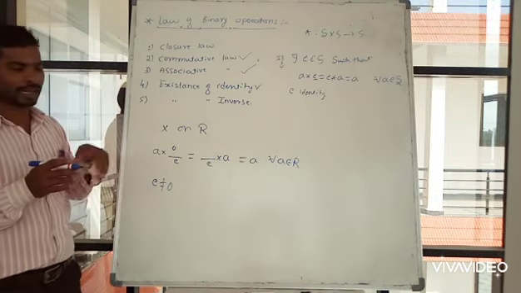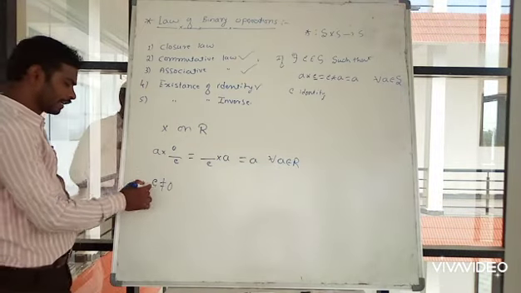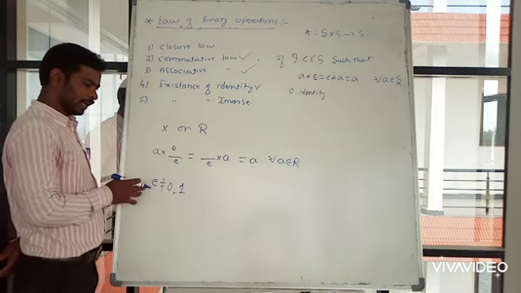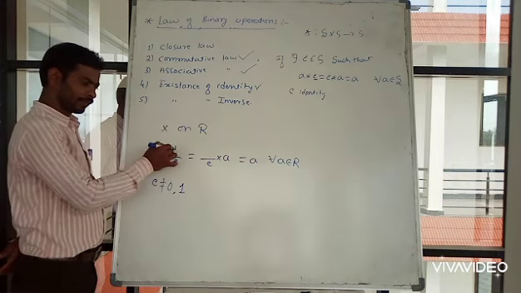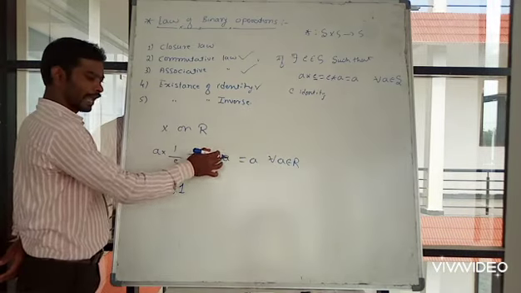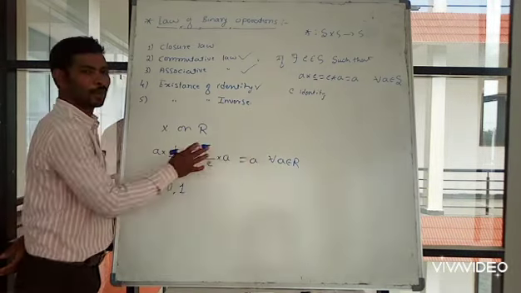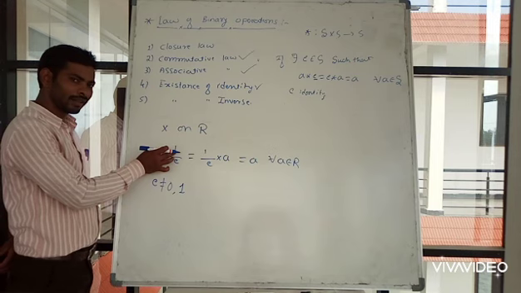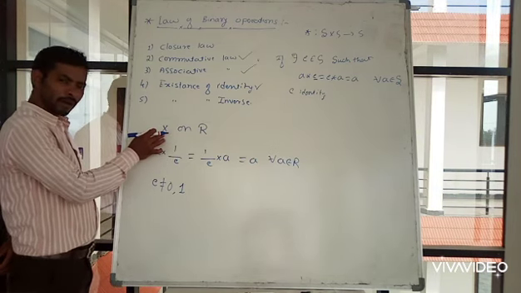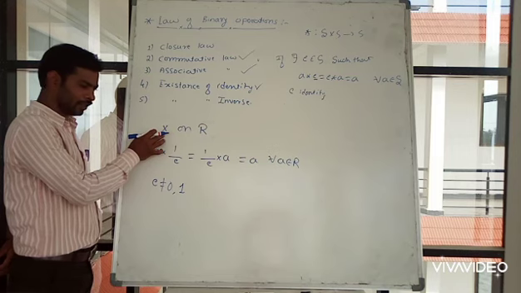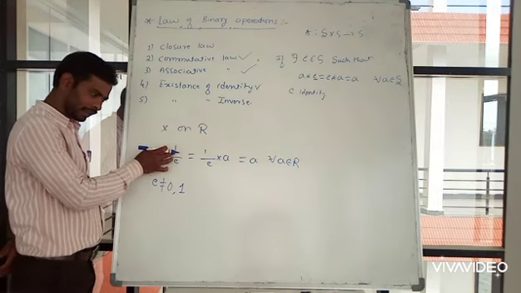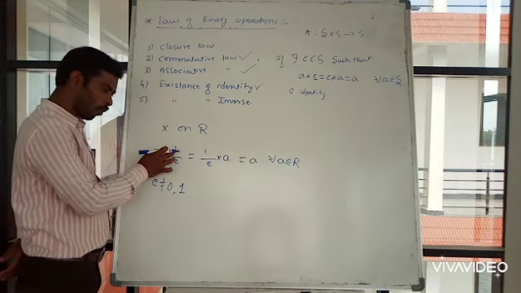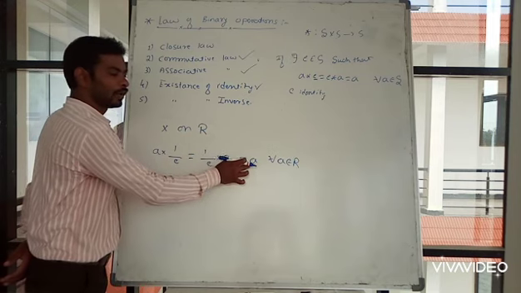Go on, search. What is that element present here? Next, I am going to select the value of e as the real number 1. Put here a times 1, and 1 times a. Its value is a only. If you select e as 1 and apply multiplication on e and the arbitrary value a, a times 1 and 1 times a are equal to a.